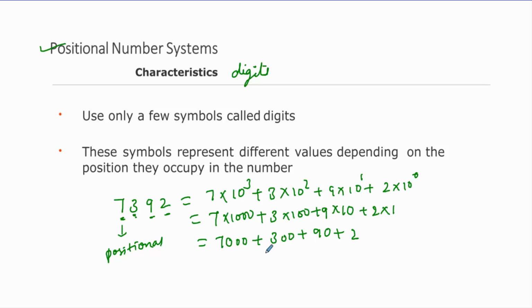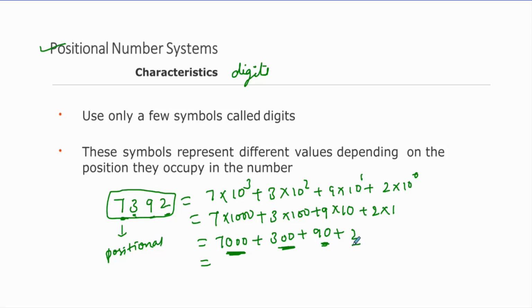Here you can analyze that this number system has different place values for each digit. 7392 has its own positional values. That is why this kind of number system is known as a positional number system. The positional value of 7 is 1000, that is 7000. The positional value of 3 is 100, that is 300. The positional value of 9 is 10, that is 90.